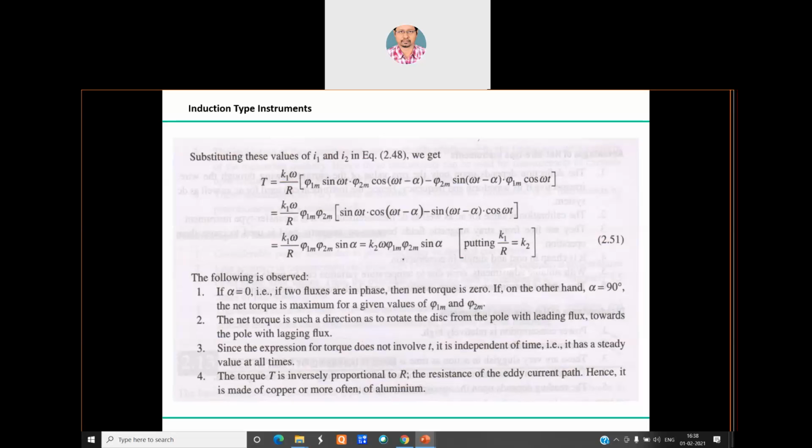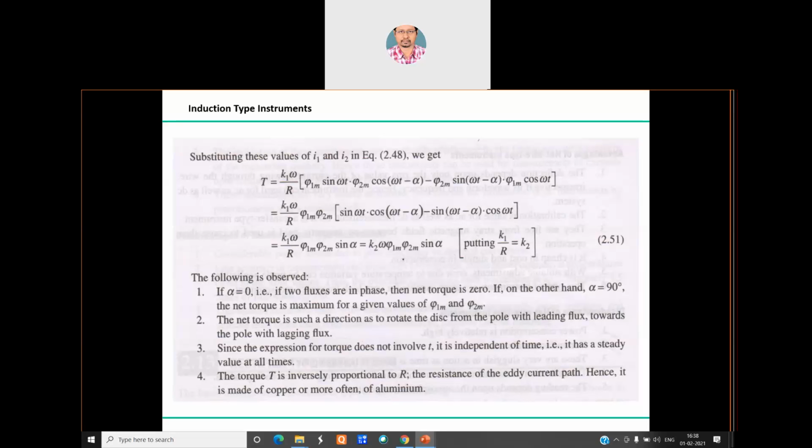Now, if the torque is proportional to this, what if alpha is equal to 0? We will discuss these things in detail. Alpha equal to 0 means the two fluxes are in phase. Then there is no torque, that means net torque is 0. On the other hand, what if alpha is equal to 90 degrees? In that case, the net torque is maximum for the given values of phi 1 and phi 2.